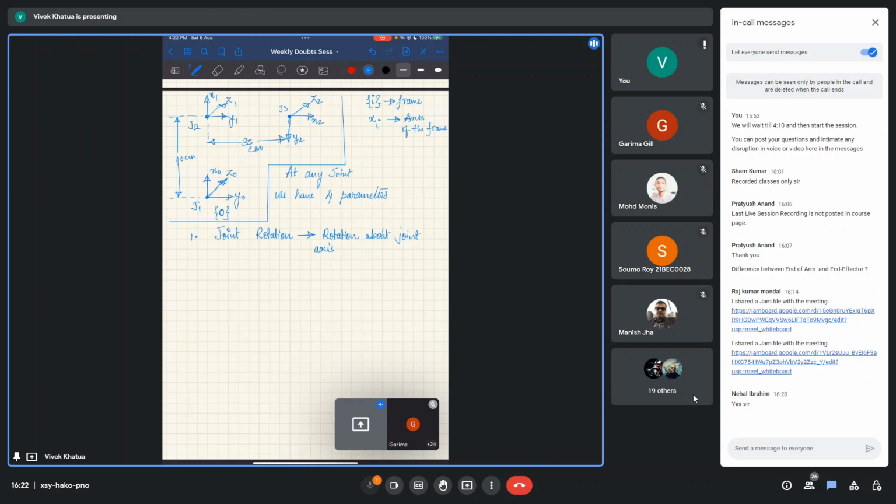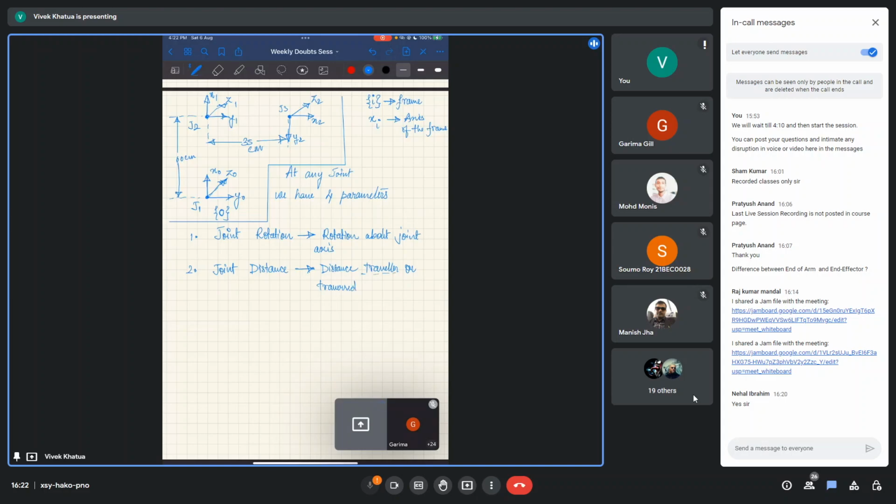So the joint rotation is nothing but the rotation about your joint axis. If your axis is a prismatic axis, it's not going to have any joint rotation. So what do we do with that? There is something called joint distance. For a prismatic axis, your joint distance plays a role. It is the distance traveled or traversed.